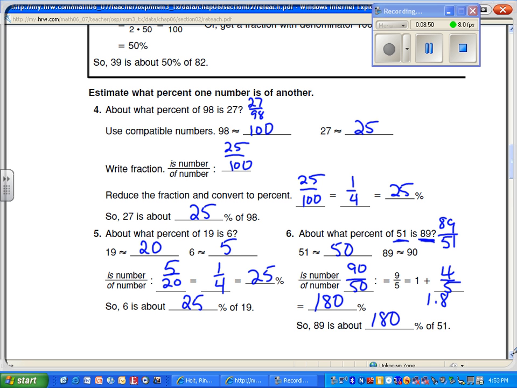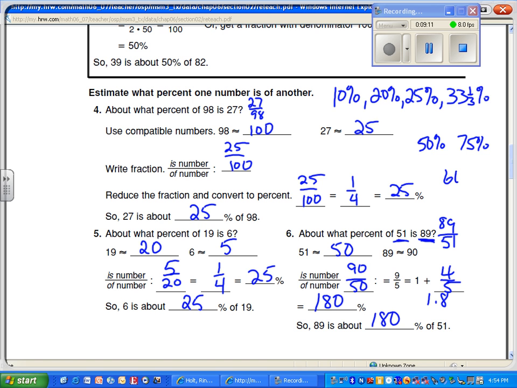So keep thinking about the common percentages, like 10%, maybe 20% is pretty common, 25%, 33 1/3%, 50%, maybe 75%.